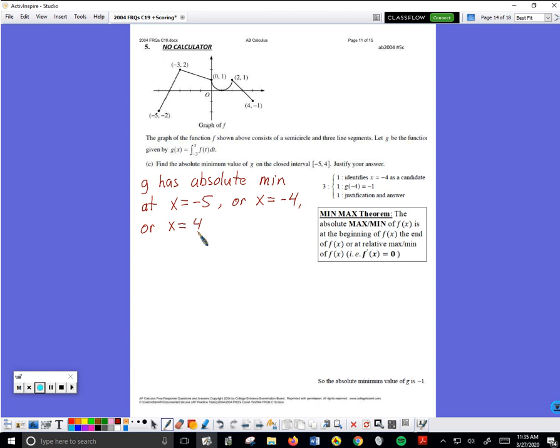And now we need to find each of those. So we have a formula right here.